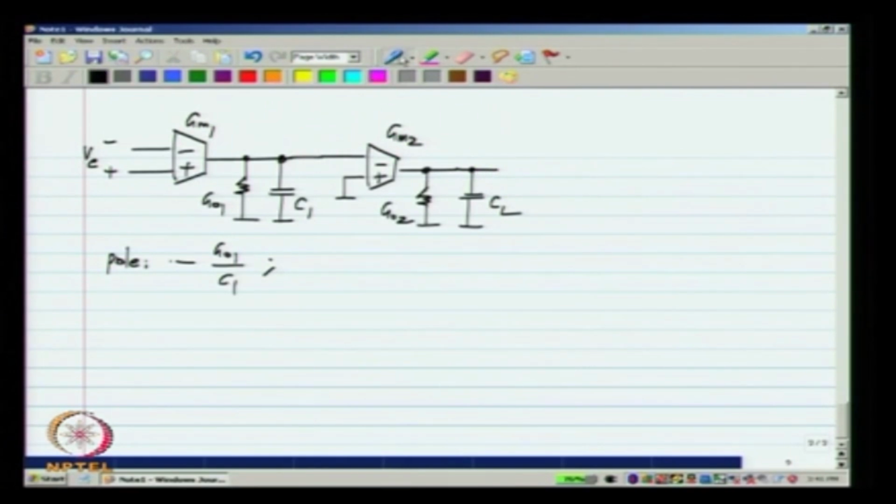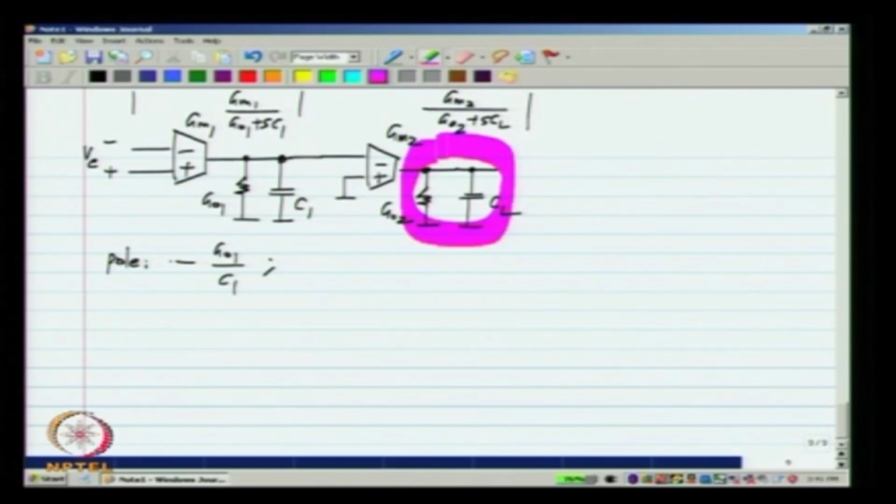The first one has a transfer function GM1 by GO1 plus SC1. The second one has a transfer function GM2 by GO2 plus SCL, and the final transfer function is the product of the two, and there will be two poles. The second pole is due to the second stage, due to this combination. The first pole is due to that one, GO1 by C1. And there will be another pole at minus GO2 by CL.